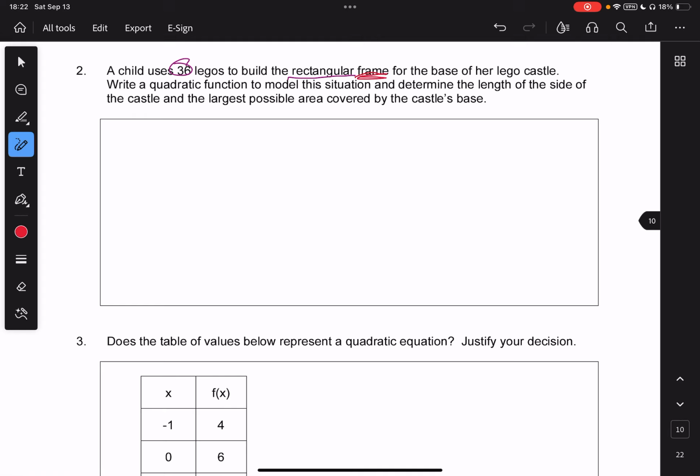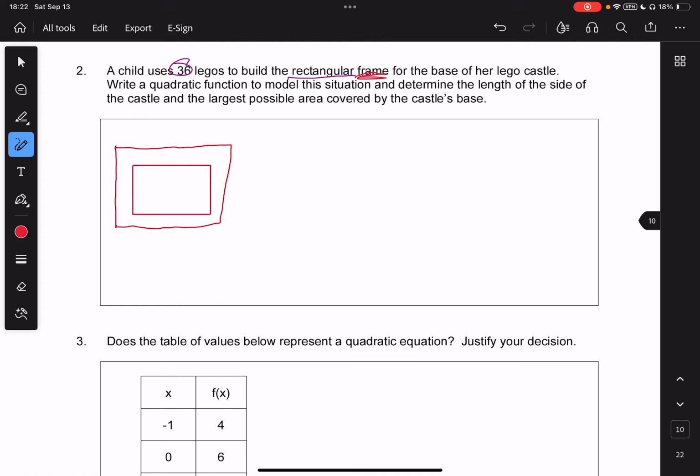So what this means is that she's building a frame. She's not building like a floor. When you build a frame, think of a picture frame. This is what a picture frame looks like. The inside, there's nothing on the inside.